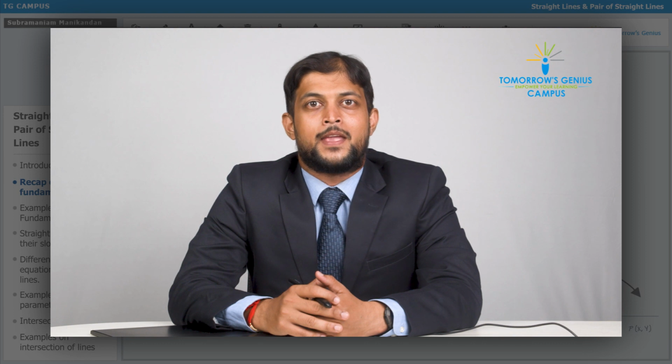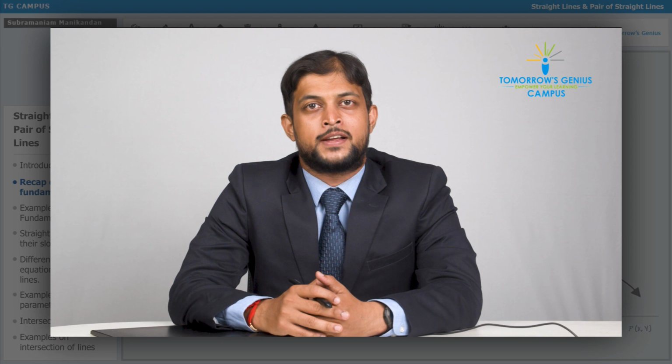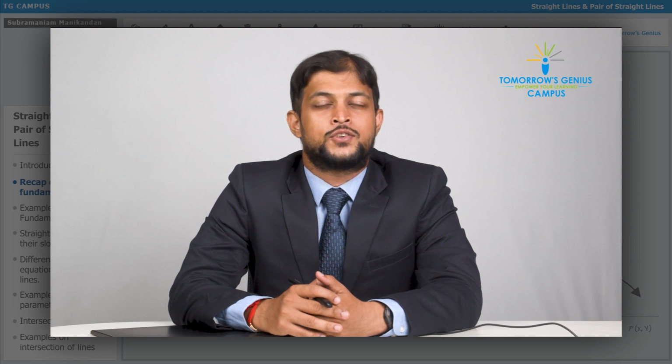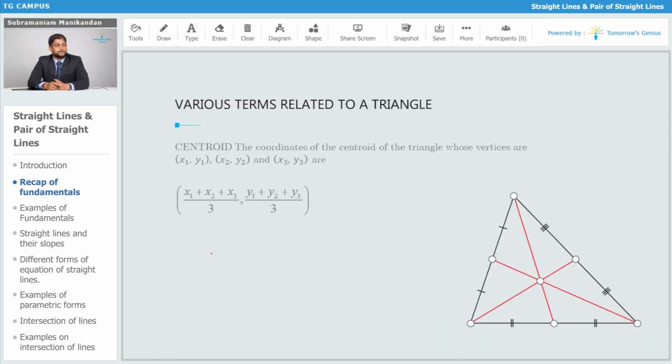Let us look at how to calculate the coordinates of the centroid of the triangle if the vertices of the triangle are given. Consider a triangle, say A, with coordinates x1, y1, B, x2, y2, and C, x3, y3.